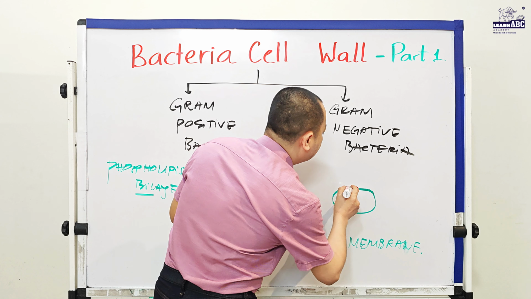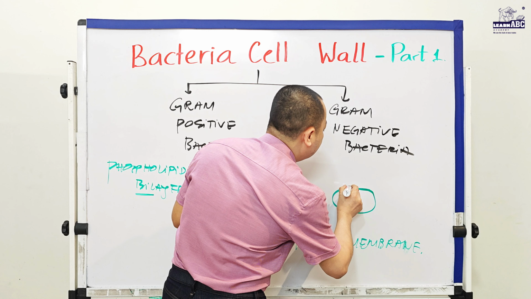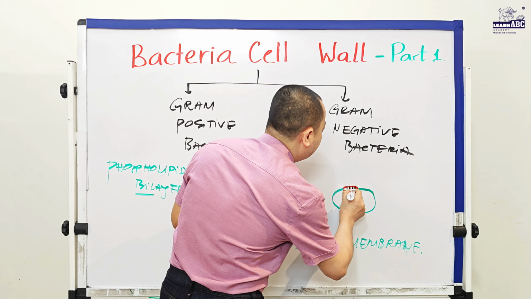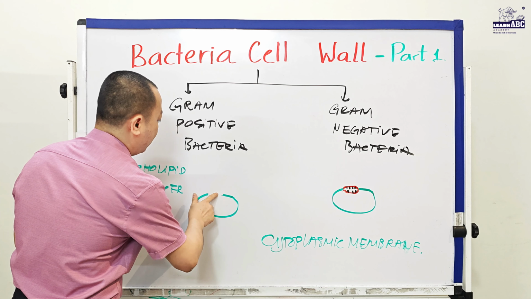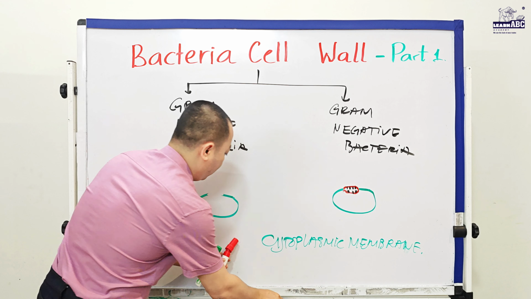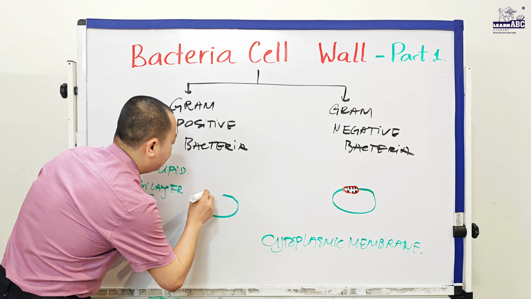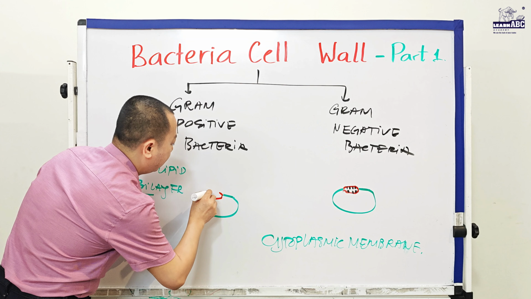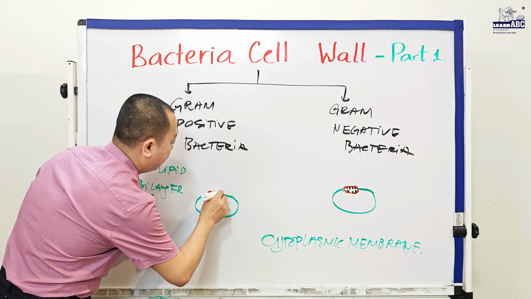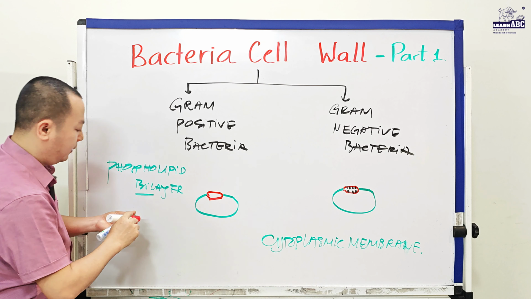Lipid. Inside is a lipid here. Okay, the same for gram-positive, it also has two layers. In gram-positive and in gram-negative, they are the same. This layer, phospholipid bilayer.